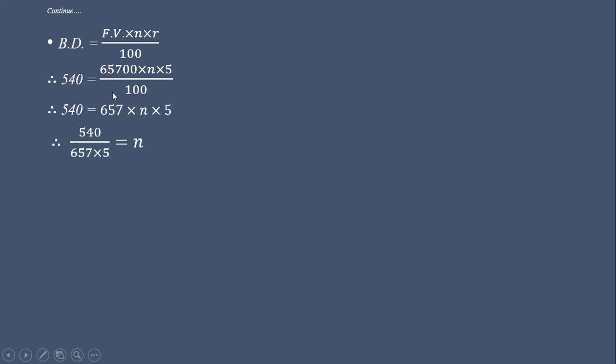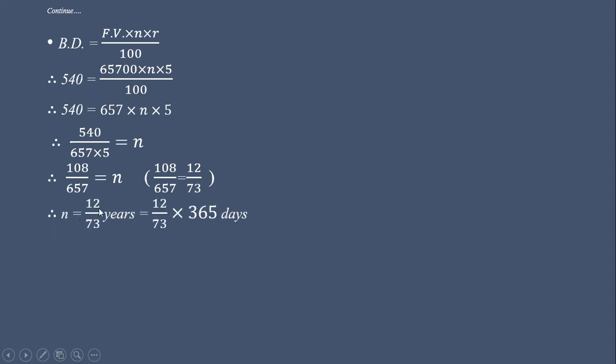Now transferring 657 into 5 to LHS, we get N equal to 540 upon 657 into 5. The calculation gives 540 upon 5, it gives 108. 108 upon 657 is 12 upon 73.